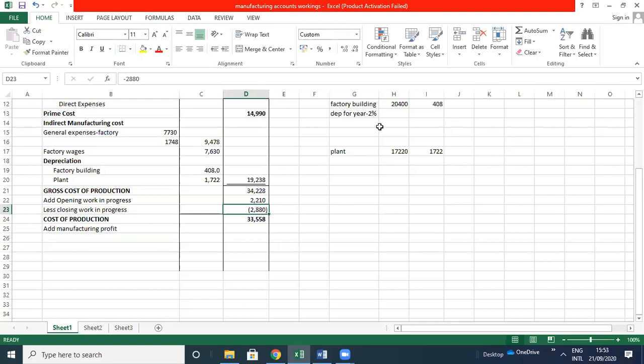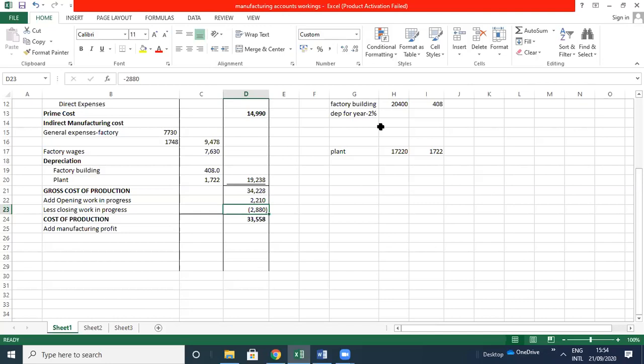Is it becoming difficult? Oh, I hope not. Amount of manufacturing profit. How do you calculate manufacturing profit? Yes, we've been told it is 25% of.